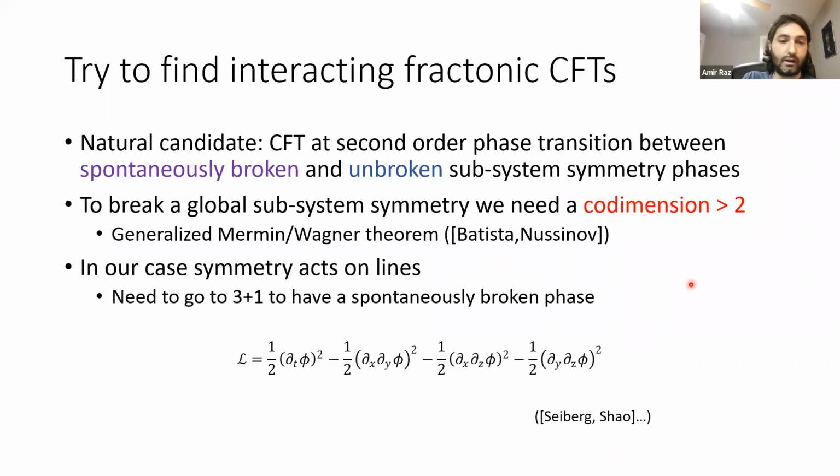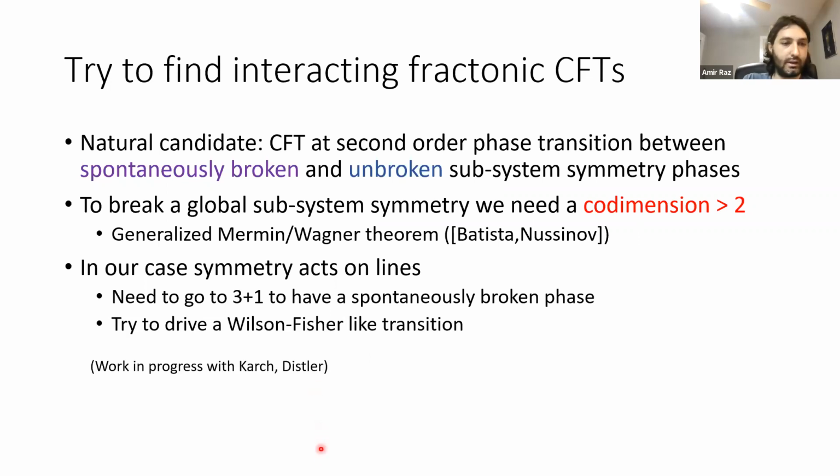But going 1 dimension higher, for example, maybe looking at the 3 + 1 dimensional analog of such theories, you might have a spontaneously broken phase where the symmetry is spontaneously broken, and then you can try and maybe tune a second order phase transition between the broken and unbroken phase. And that's currently more work in progress.